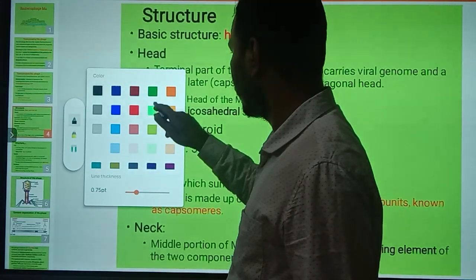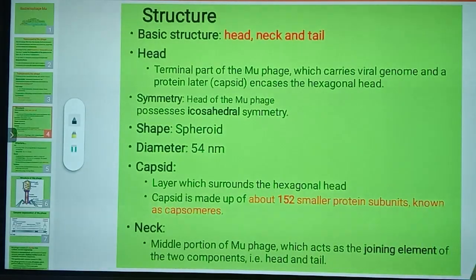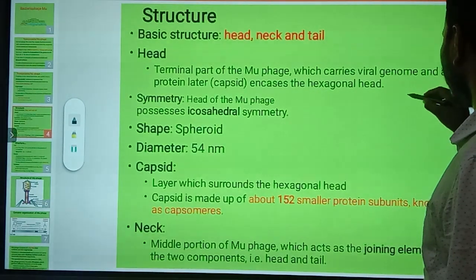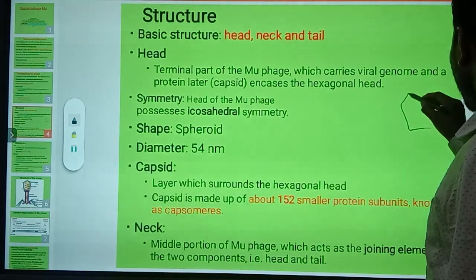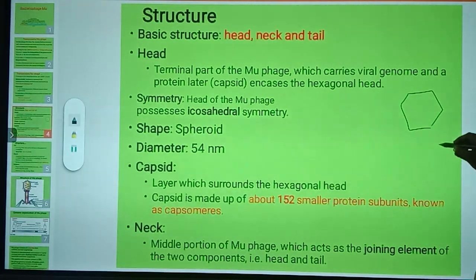If we talk about the structure of these phages, it is something like this. The head part is icosahedral, then they have a tail, and these are tail pins.